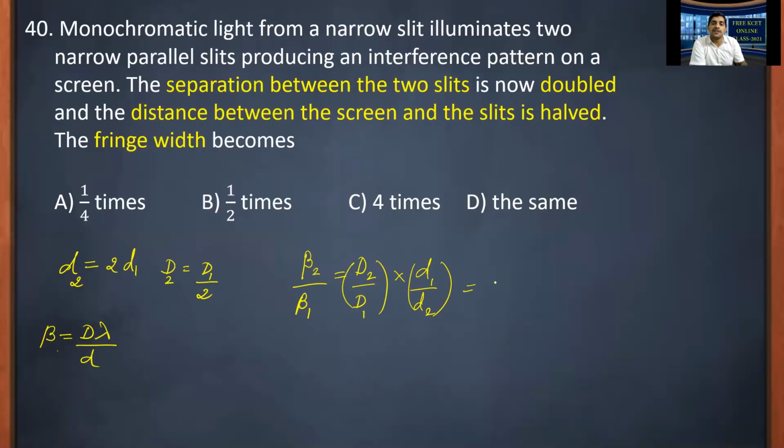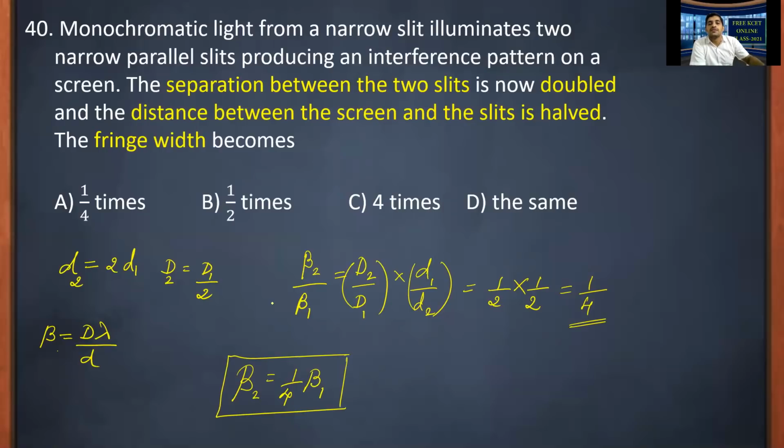D2 is half of D1, so it becomes 1 by 2. And d2 is 2 times d1, so it becomes 1 by 2. So it will be 1 by 4. So the new fringe width will be 1/4 of the initial fringe width. So the option must be 1 by 4.